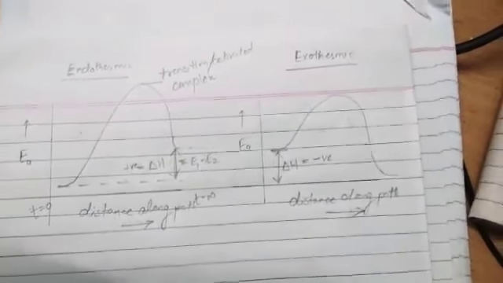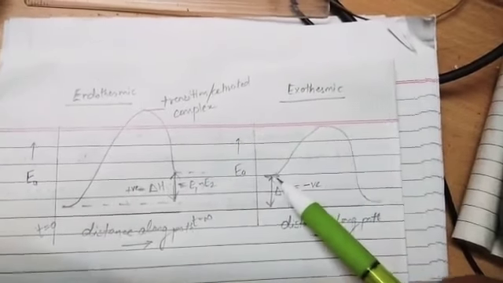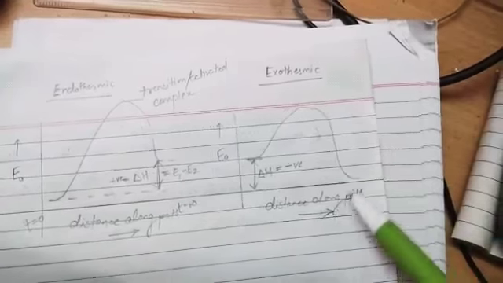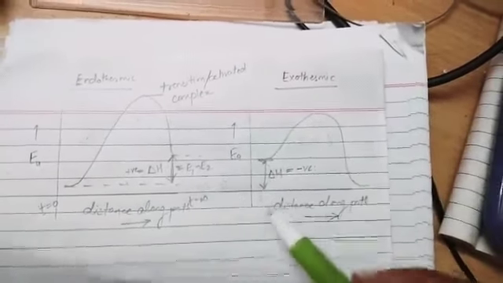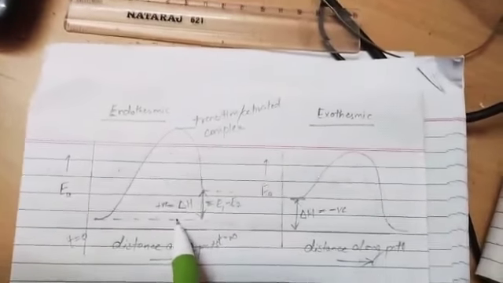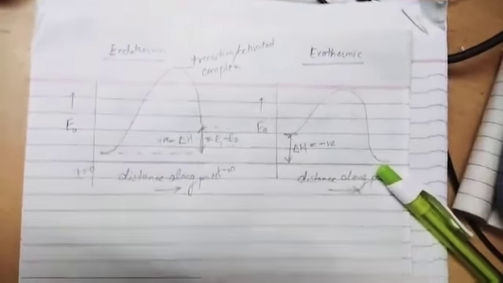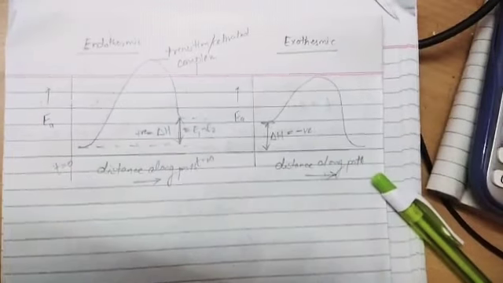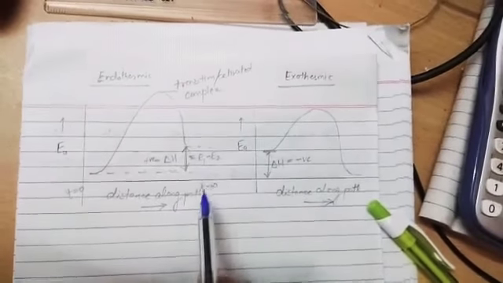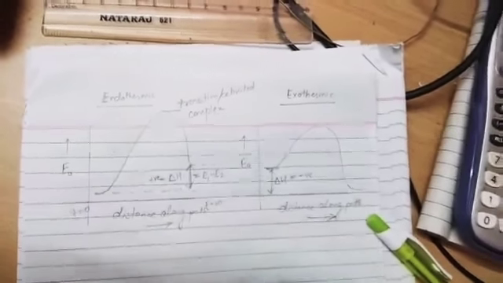As we can see in the plot, the difference in the energy values, here you can see E1 and here E2, so E1 minus E2 can be written as the delta H value. These are standard plots that can be found in any literature of chemical kinetics.